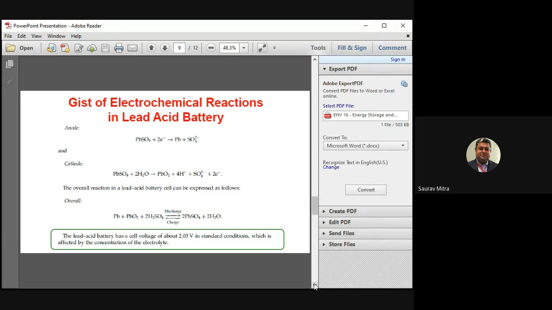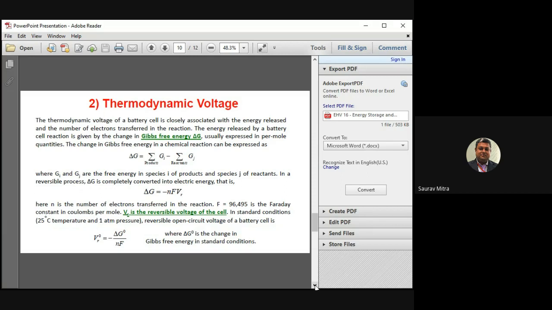Though we say it is 2 batteries, each battery has a stack of 6. So 2.03 is a very important thing. Each lead acid battery has 2.03 volt in standard condition, which is affected by the concentration of the electrolyte. These are some small things. If you remember, it will help you in your interviews and to design the system. So this can be asked in the exam.